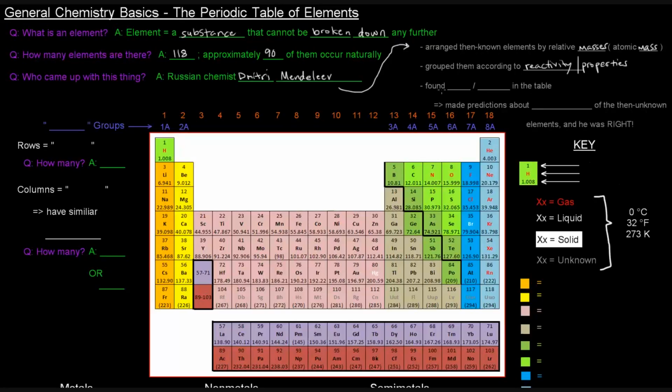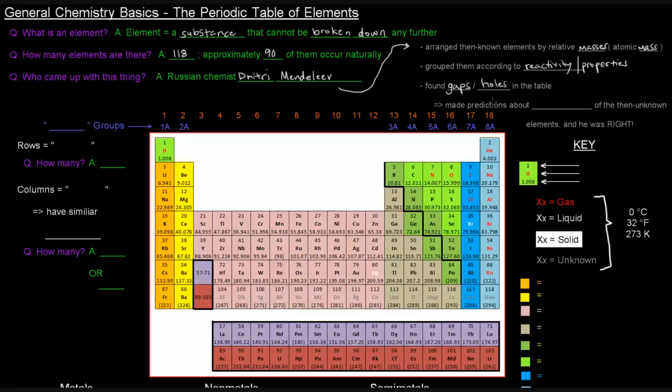Okay. And when he put this all together, and at least initially, when he arranged them by these masses and put them in certain groups of elements that reacted similarly, he found holes or gaps in the table where he thought, okay, there's a missing element here.